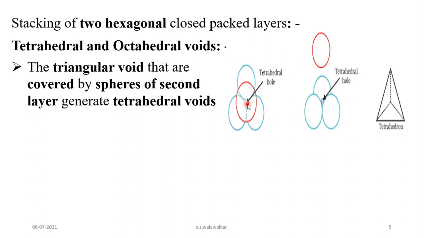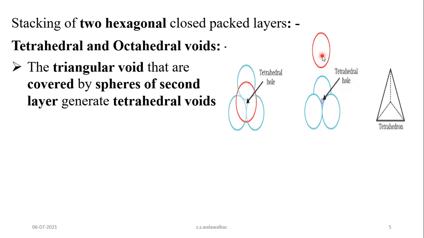The triangular void produced by these three spheres of the first layer, covered by the sphere of the second layer, that empty space is known as what? Tetrahedral hole or tetrahedral void. So the triangular void covered by the sphere of the second layer generates a tetrahedral hole, like this.